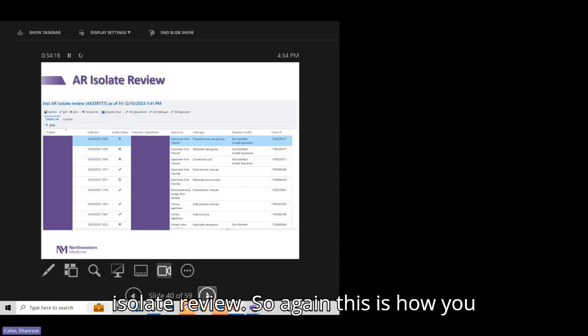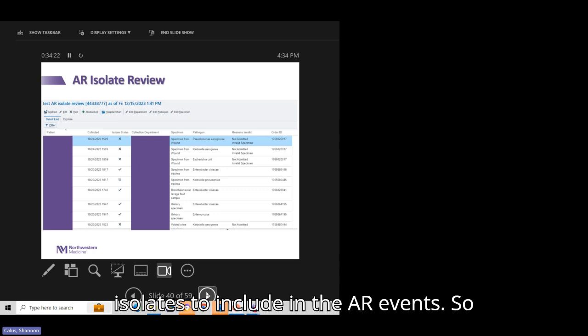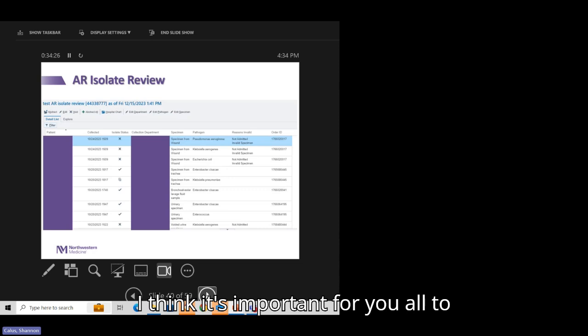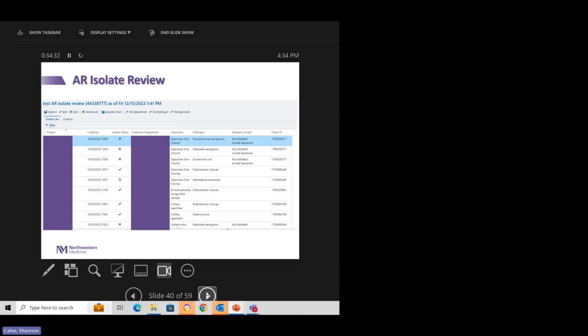For the isolate review, this is how you would be flagging the isolates to include in the AR events. I think it's important for you all to make sure that it makes sense. We should be looking for, is it one of the specimen sources that we expect? Is it BAL, is it blood, is it CNS, or is it urine? You'll notice the X's for isolate status.